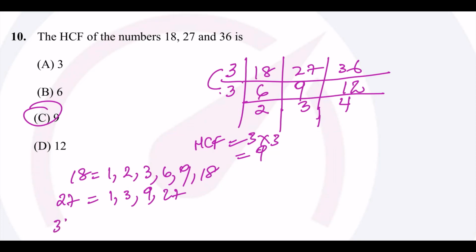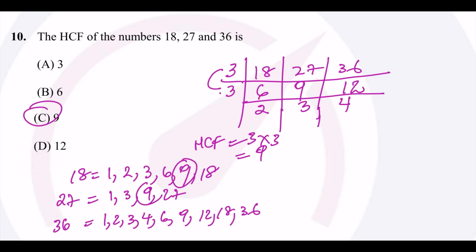And the factors of 36 are 1, 2, 3, 4, 6, 9, 12, 18, and 36. So the highest common factor that is common to all 3 numbers would be 9. Now let's head on to question 11.